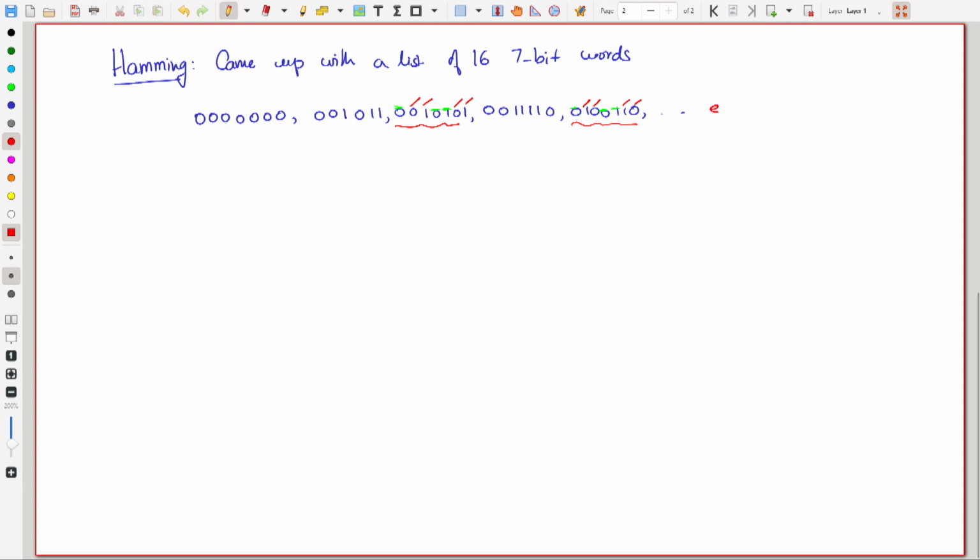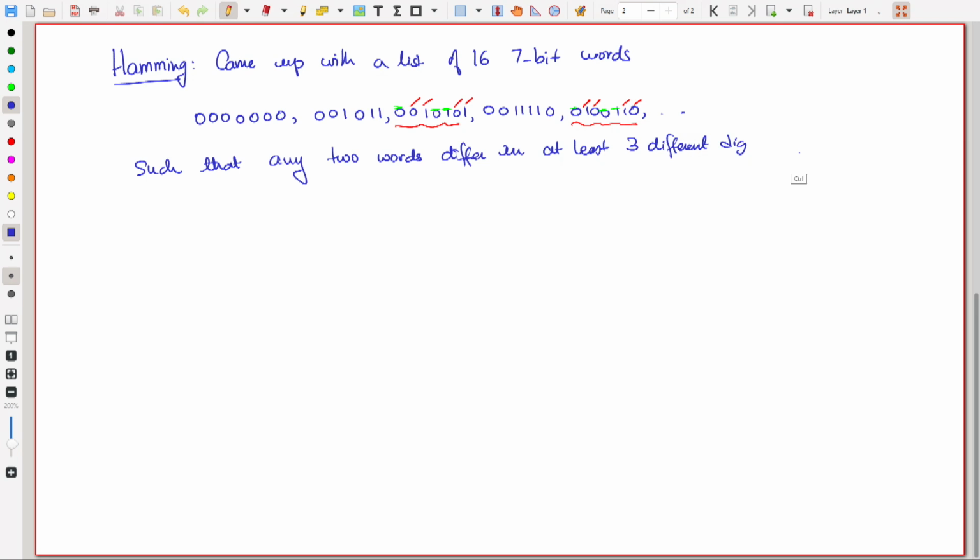So, he came up with a list of such words such that any two words, where by word I just mean a sequence of zeros and ones, differ in at least 3 different places, different digits, at least 3 digits. Okay, so, in 3 places, let me say.